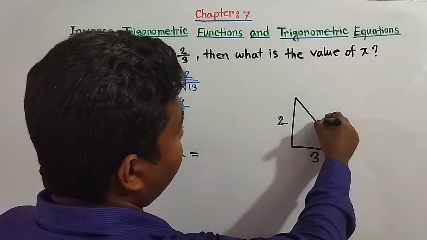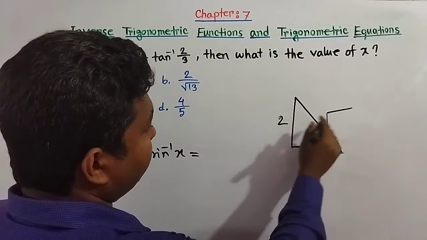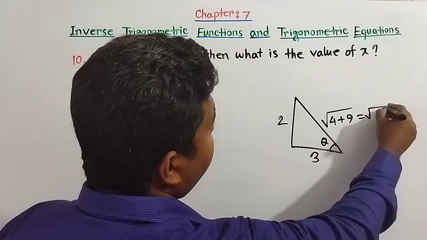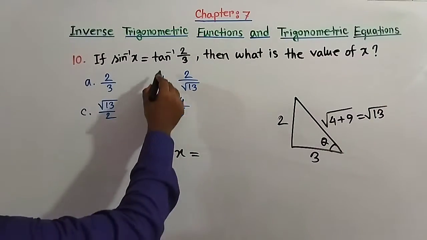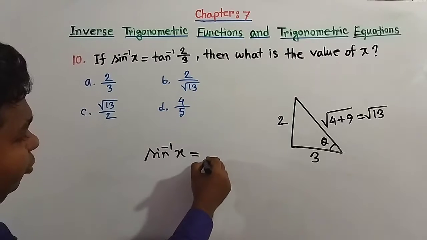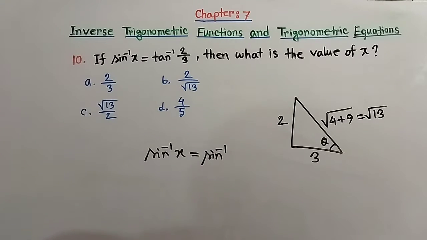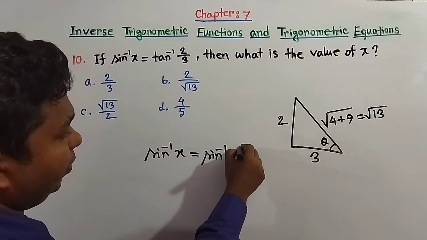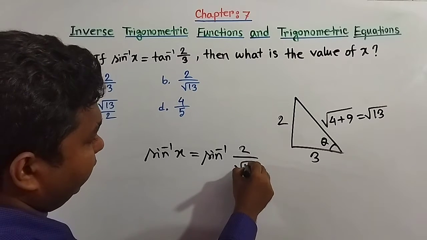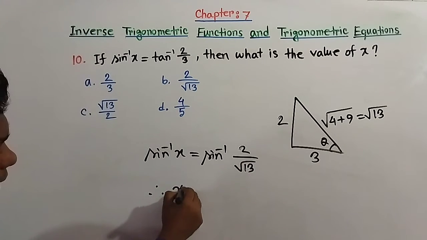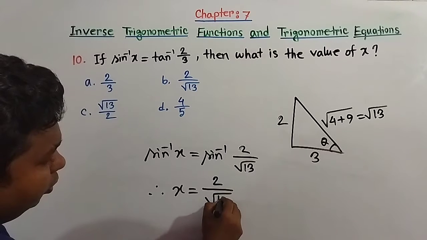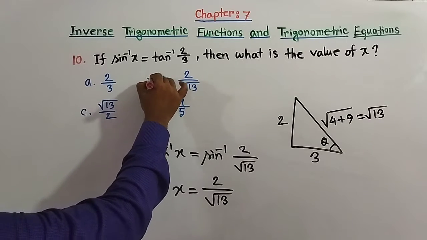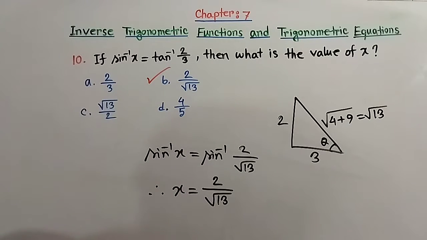Here the hypotenuse will be square root of perpendicular square, that is 4, plus base square, that is 9, equal to root 13. Now tan inverse 2 by 3, we can write this as sine inverse. We know sine theta equal to perpendicular by hypotenuse, so sine inverse 2 by square root 13. Now we can write x equal to 2 by square root 13. So our required answer is option B, that is 2 by square root 13.